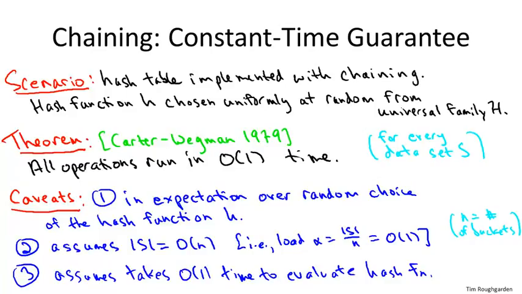All right, so hash tables support various operations: insert, delete, and lookup. But really, if we can just bound the running time of an unsuccessful lookup, that's going to be enough to bound the running time of all of these operations. So remember, in a hash table with chaining, you first hash to the appropriate bucket, and then you do the appropriate insert, delete, or lookup in the linked list in that bucket.